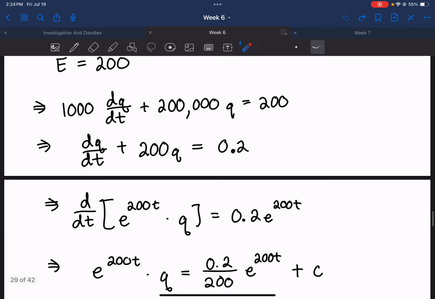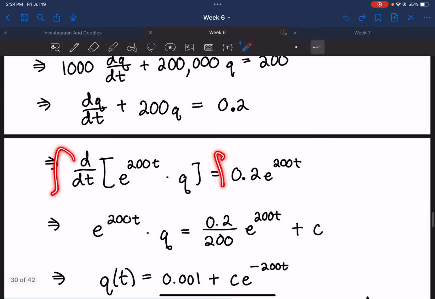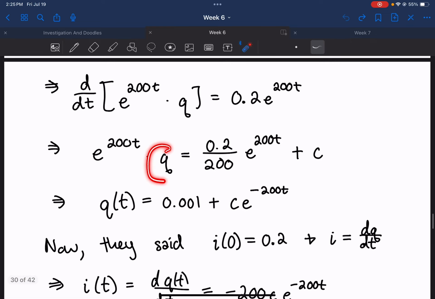And again, you find the integrating factor: e to the integral of 200 dt. You integrate both sides. Integration over here kills this off. Integration over here gives you 0.2 divided by 200, e to the 200t plus c.